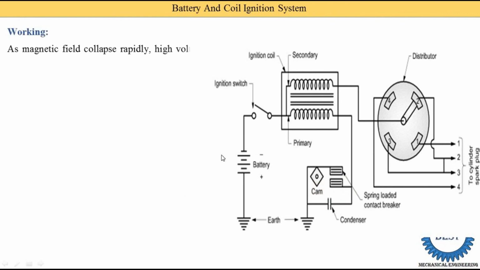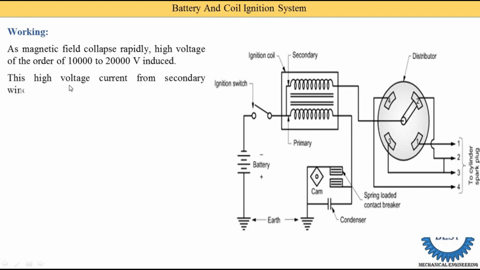So as the magnetic field collapses rapidly, which happens when these contact breakers are open, at that time a high voltage of the order of 10,000 to 20,000 volts is induced. This high voltage current from the secondary winding is supplied to the individual spark plugs through the distributor.